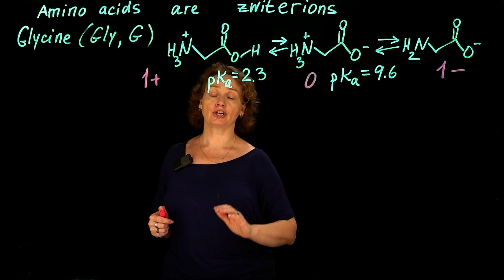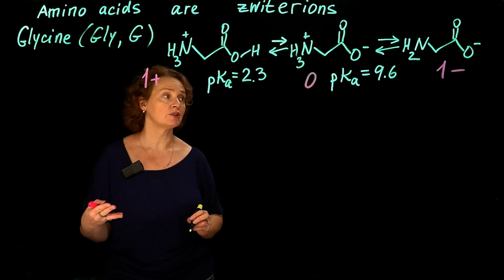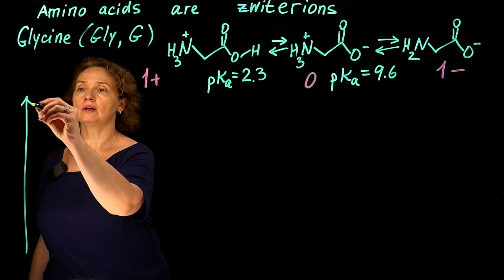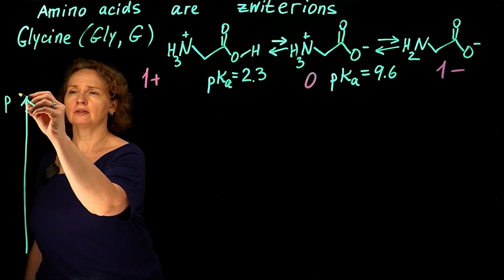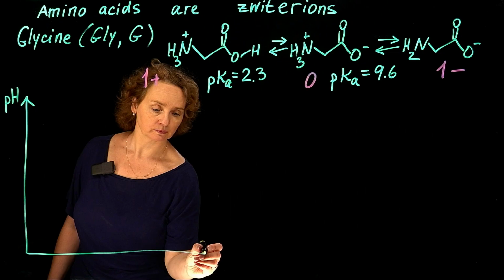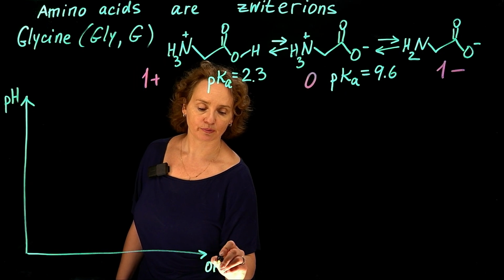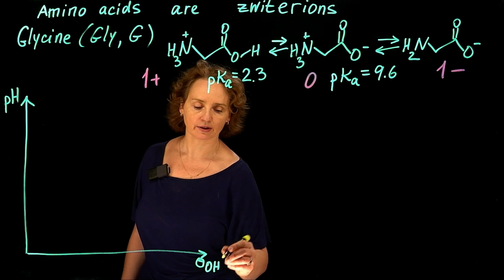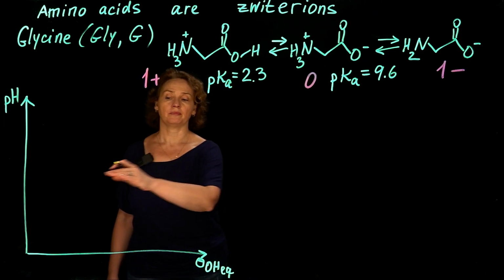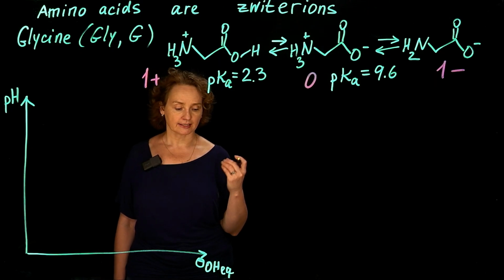So if we want to see the concentration of each form, how it depends on pH, we need to start with the titration curve. And the titration curve is the dependence of pH on the concentration or amount of strong base added. So if we use sodium hydroxide or any other hydroxide as that strong base, we will have equivalence of that strong base as our x-axis.